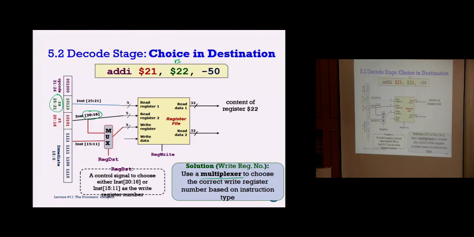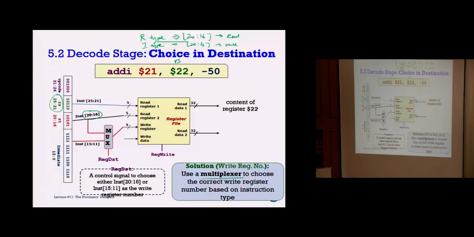If this was an R-type instruction, then 20 to 16 should go to my read. And if this was an I-type instruction, then 20 to 16 should go to my write.